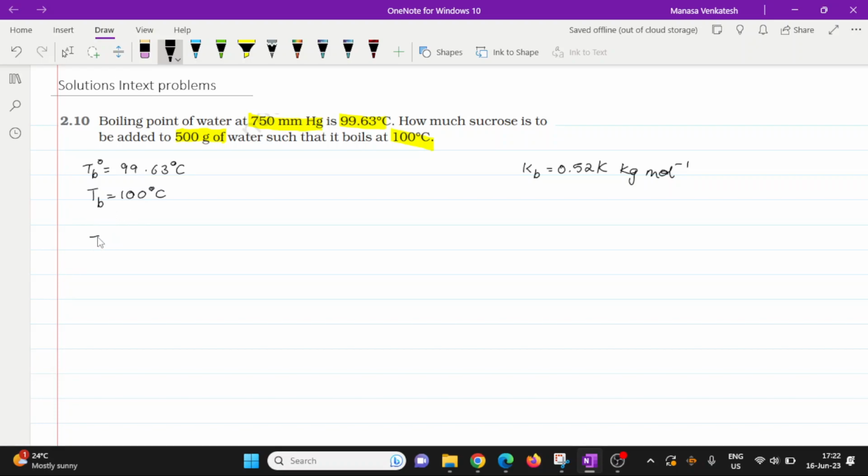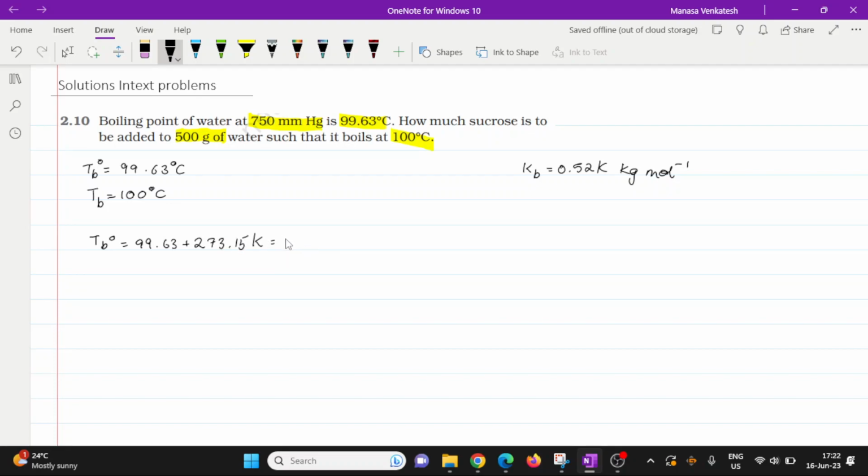So TB naught in Kelvin is going to be 99.63 plus 273.15 Kelvin.